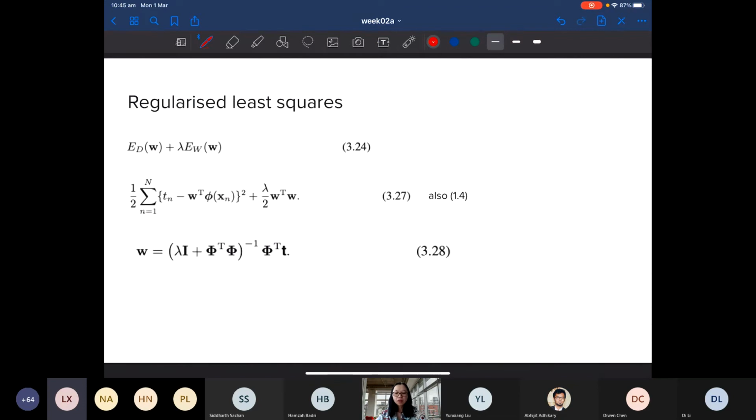So also last week on Friday, the symptom that we observed was that the weights W blow up quite badly. And we wanted to constrain the values of W so that they are close to the origin. So we wrote this particular equation 1.4, or also 3.27 in here.